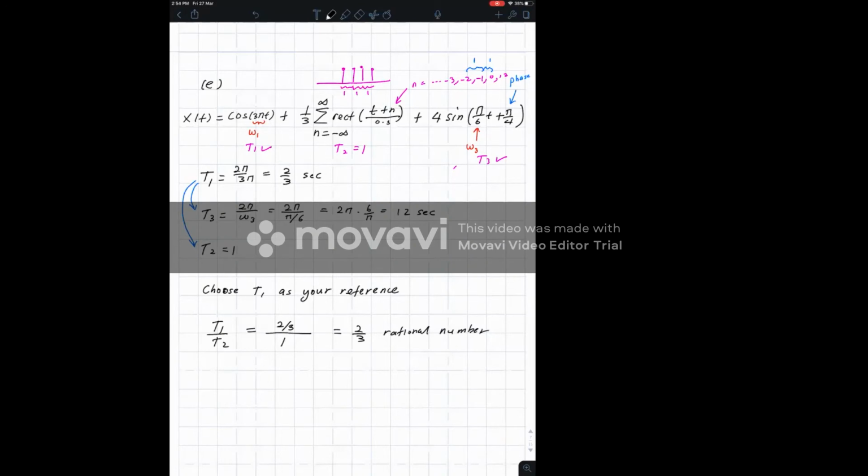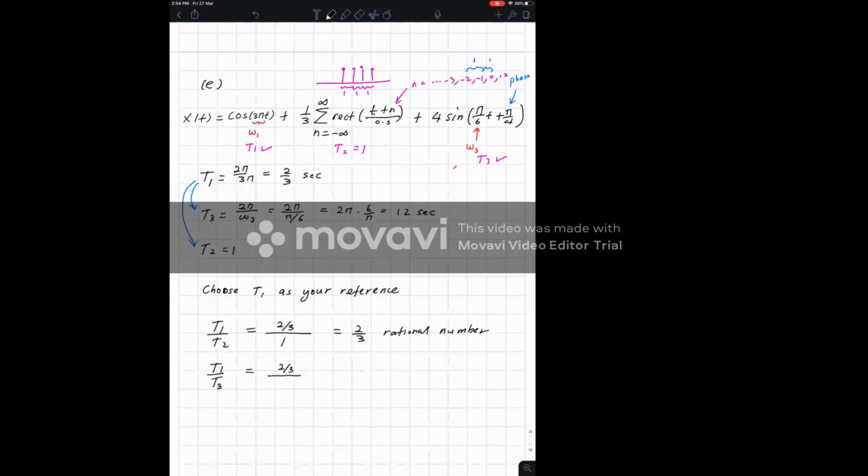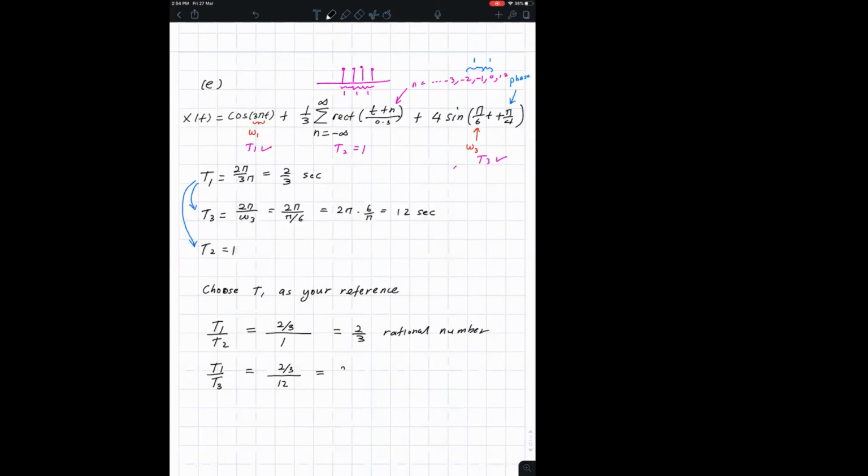Okay. So let's do the comparison with T1 over T3. T3 is 12, right? So 2 over 36.